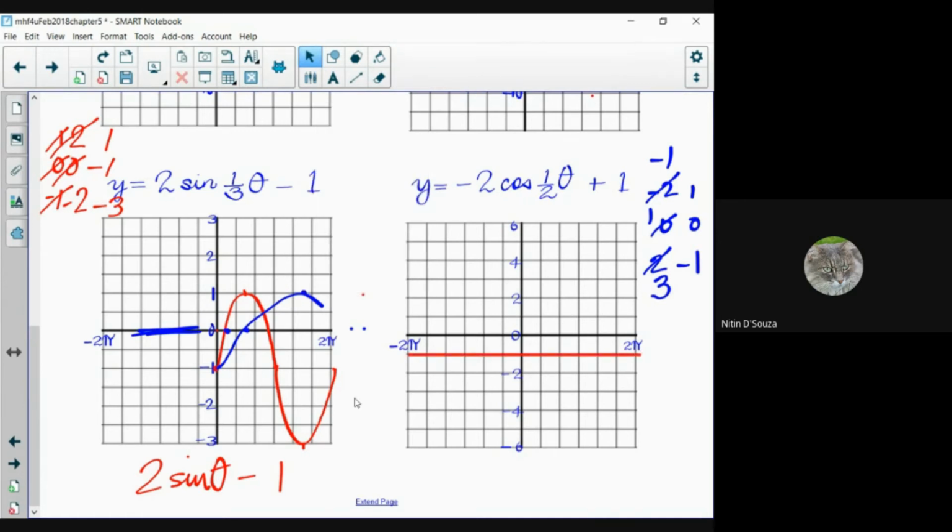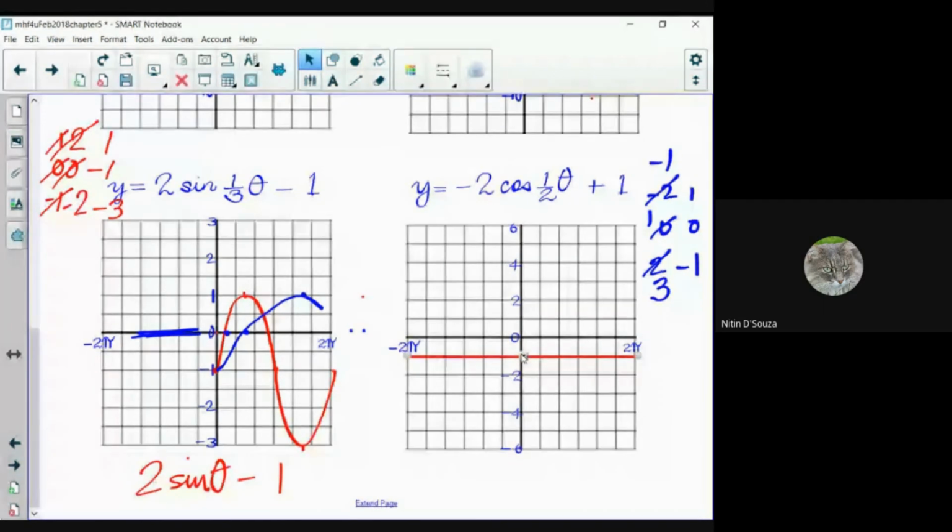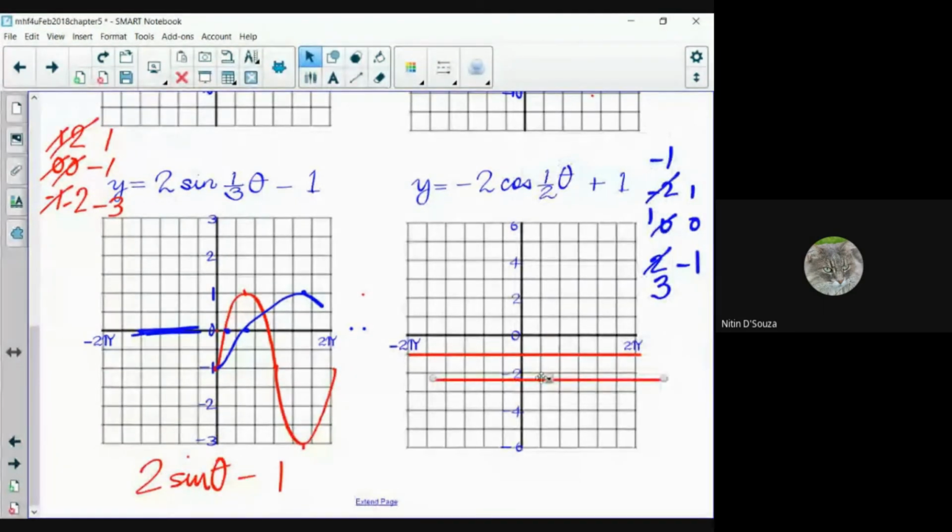And here's 3. So there's your max and your min. Okay? For -2 cosine half theta plus 1.